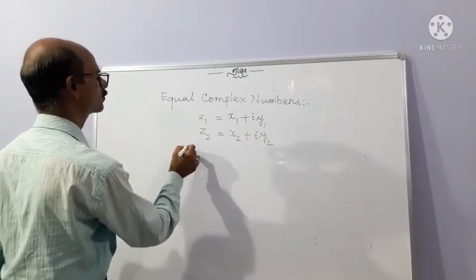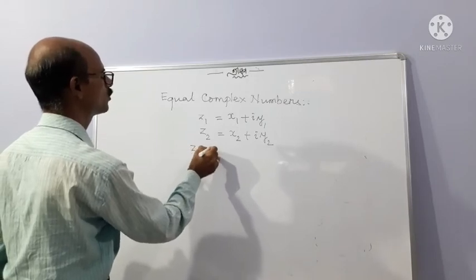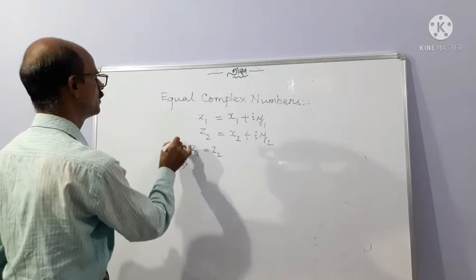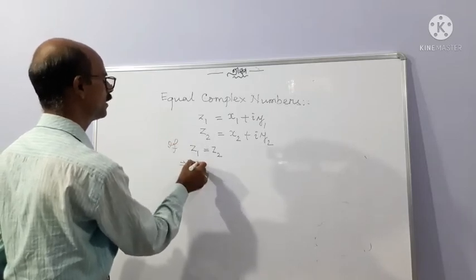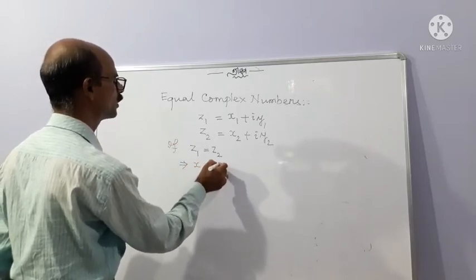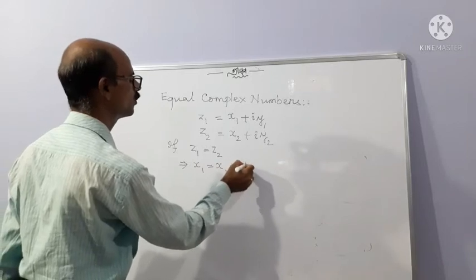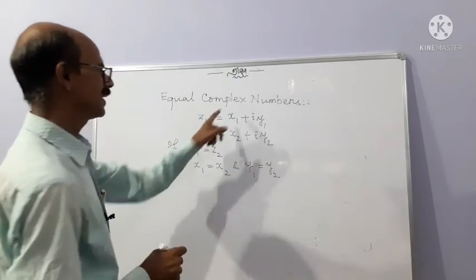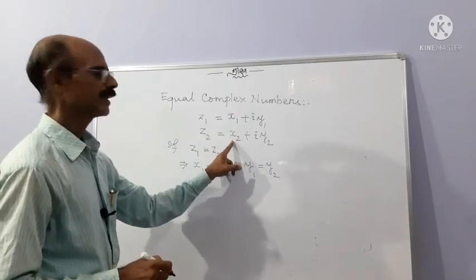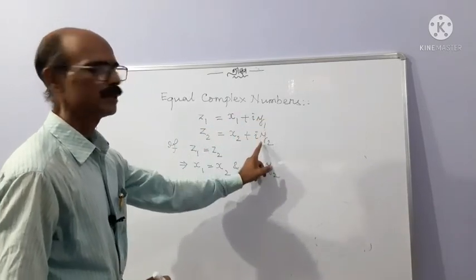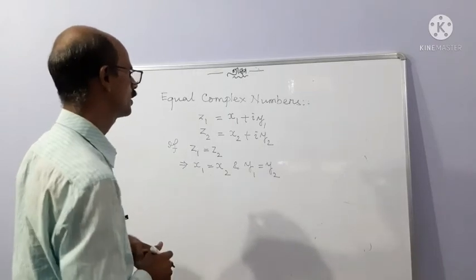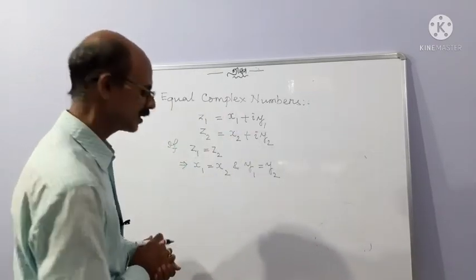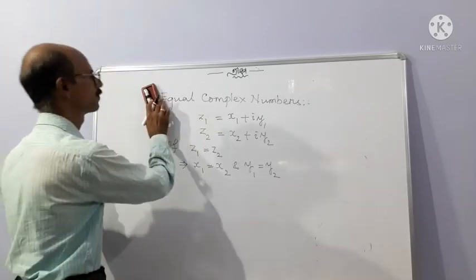If z1 is equal to z2, then x1 is equal to x2 and y1 is equal to y2. Real part is equal with real part, imaginary part equal with imaginary part. Then only we say that two complex numbers are equal.